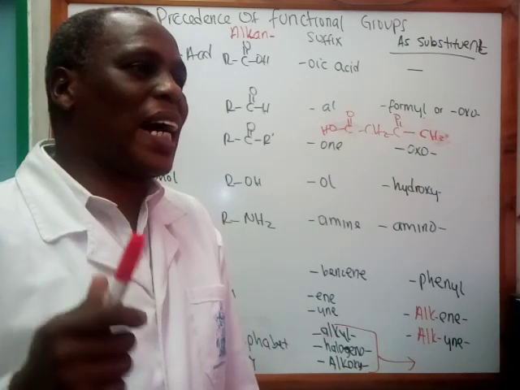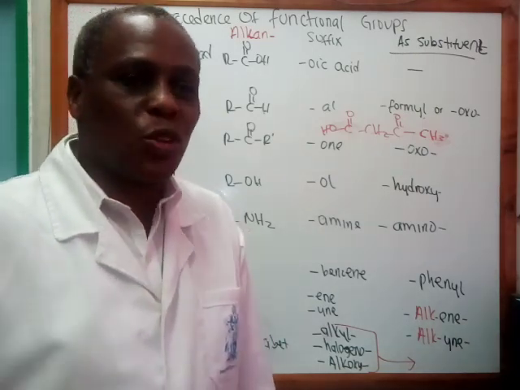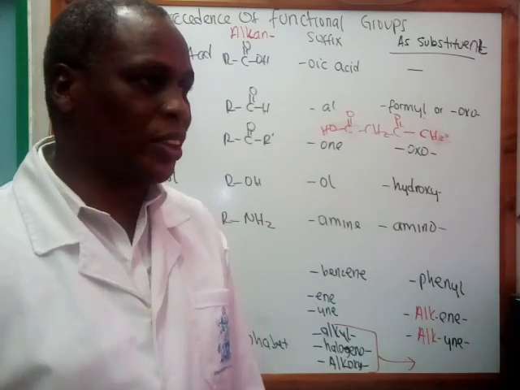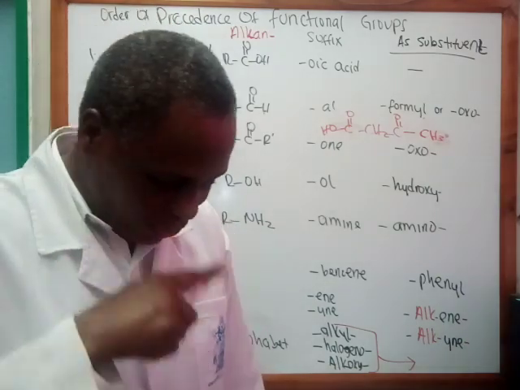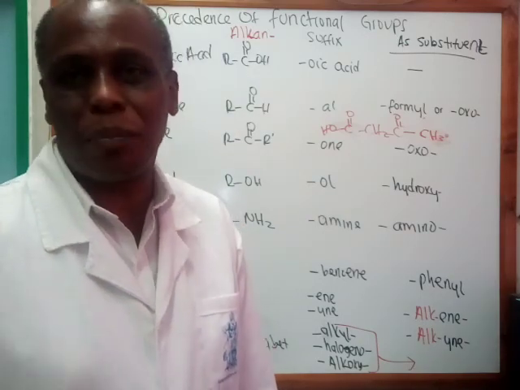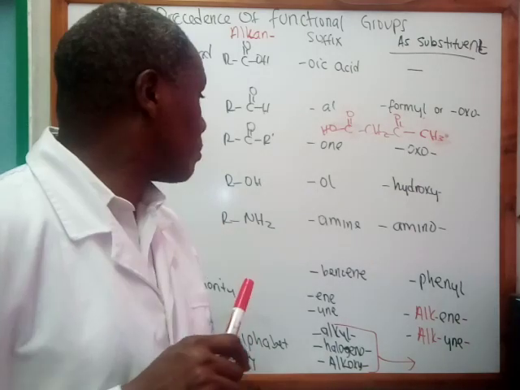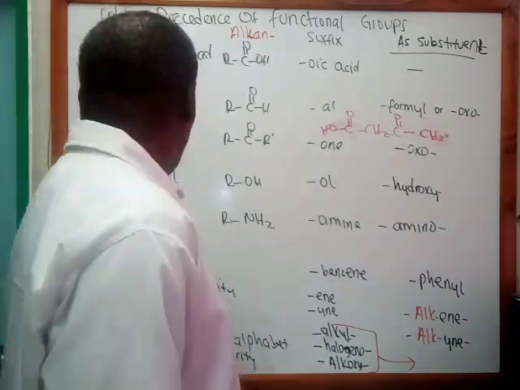So if I say 7-oxo heptanoic acid, then it means that the oxo at the 7th position is an aldehyde. But if I have something like a 6-oxo heptanoic acid, then it means that is a ketone. But you're going to be looking at those examples.